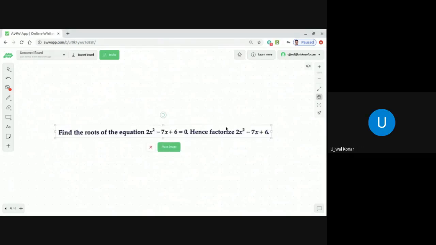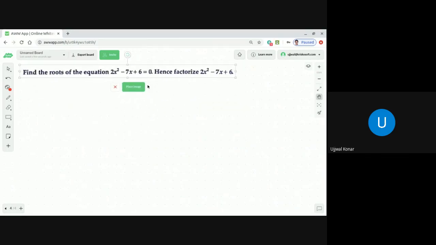Find the roots of the equation, hence factorize. Is the question clear? Please take a couple of minutes and then solve it.